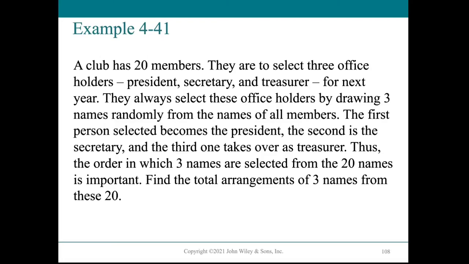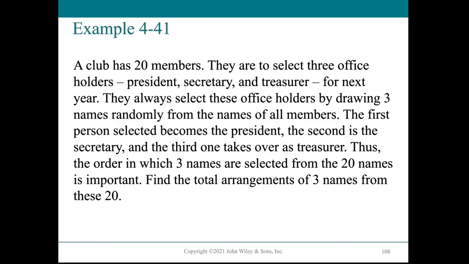But it becomes a different scenario if Maria becomes the president, Sam becomes the secretary, and Karen becomes the treasurer, or Karen becomes the president, Sam is the secretary, and Maria is the treasurer, or Sam is the president, Maria is the secretary, and Karen is the treasurer, or Sam is the president, Karen is the secretary, Maria is the treasurer.